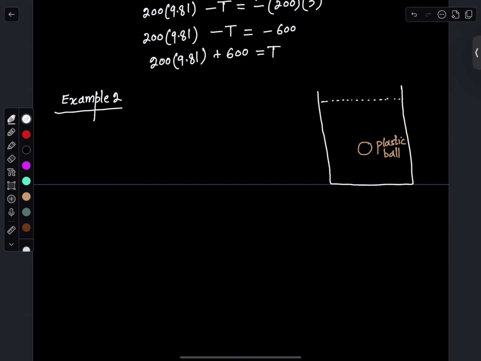The plastic ball was moving upwards. It is given that the motion of the ball was upwards. Now the question is, this is figure 2.